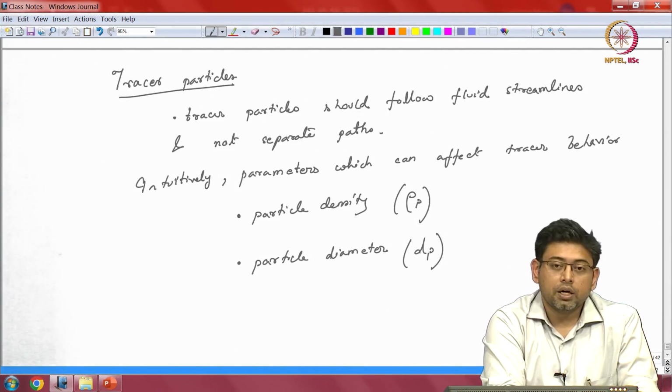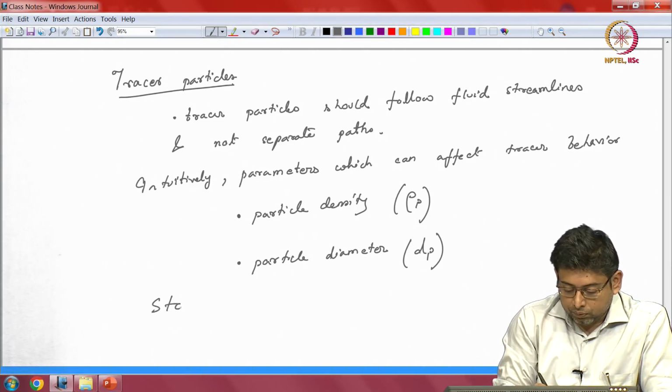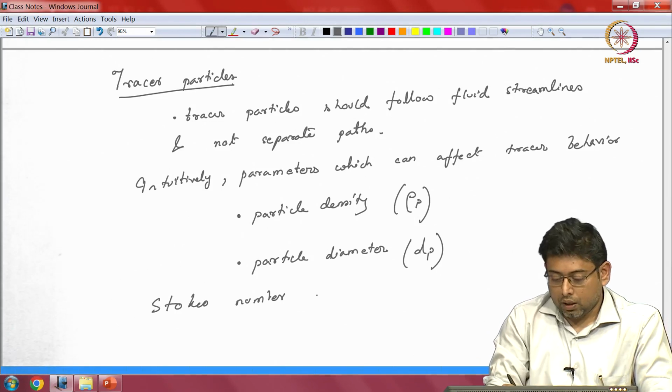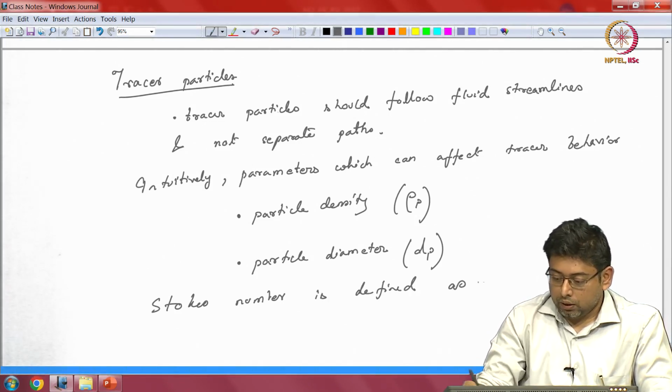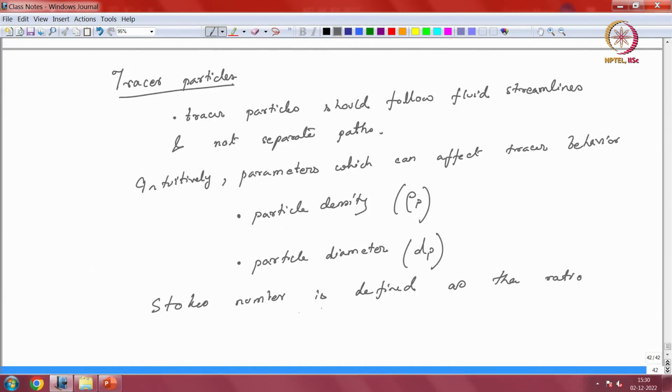The Stokes number is defined as the ratio of particle response time to the fluid response time.